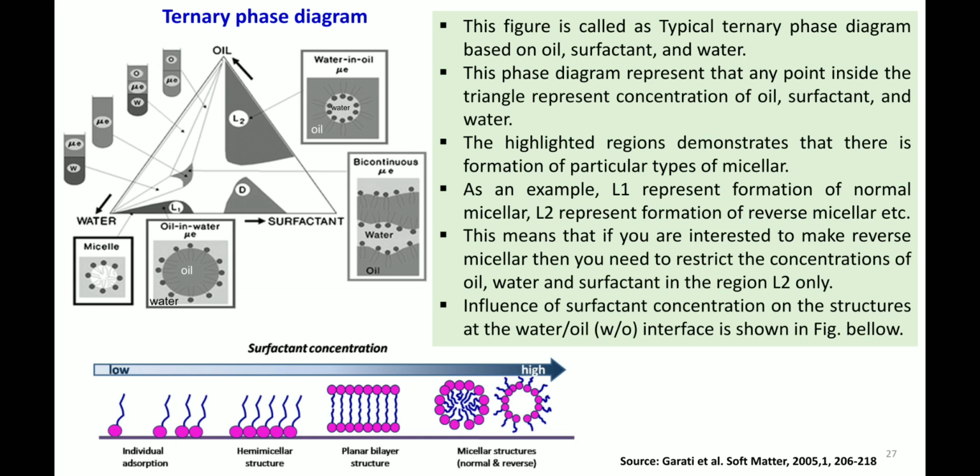Likewise, you are able to understand in which region which type of micelle is going to form. This phase diagram represents that any point inside the triangle represents the concentration of oil, surfactant and water.